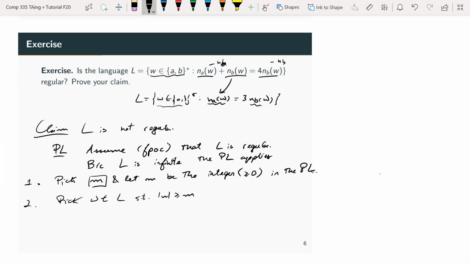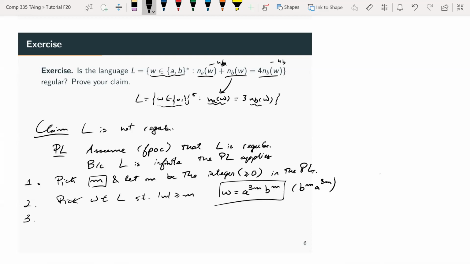There are lots of different ways of doing this, but the easiest is going to be W equals A to the 3M, B to the M. You could also pick something like B to the M, A to the 3M. There are different ways of doing it, but let's just say that I'm going to pick this one. Okay. So now, actually, I kind of skipped a step in 3.